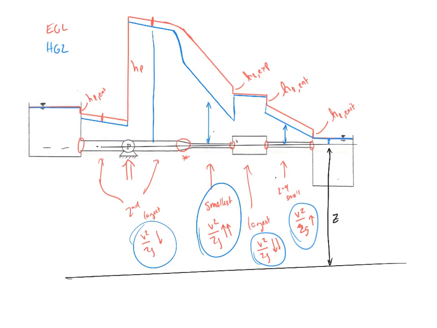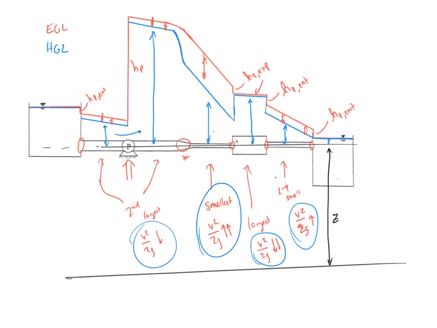Noting it's usually the thing that's getting messed with the most. Notice from either side of that pump, the pump increases the pressure tremendously. The v squared on 2g, that's this stuff right here in red. Very hard to draw right in there, but it's in there. And that's it.